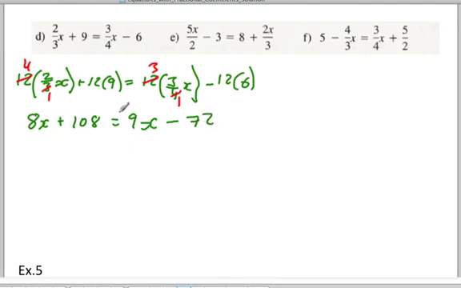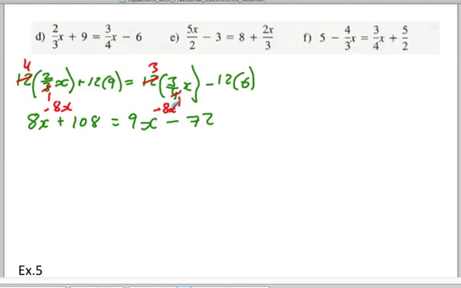Now we can do a couple things here. Easiest thing to do would be to subtract 8x from both sides. And when we do that, the right side I'm going to put that on the left side.